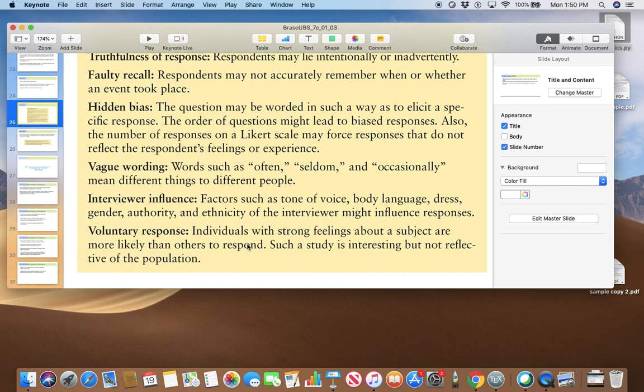Voluntary response: individuals with strong feelings about a subject are often more likely than others to respond. If you feel strongly about some candidate, you will give an opinion. If you don't, you will not. So the volunteer who is participating will also bring in their own bias to the response. It won't be objective necessarily.